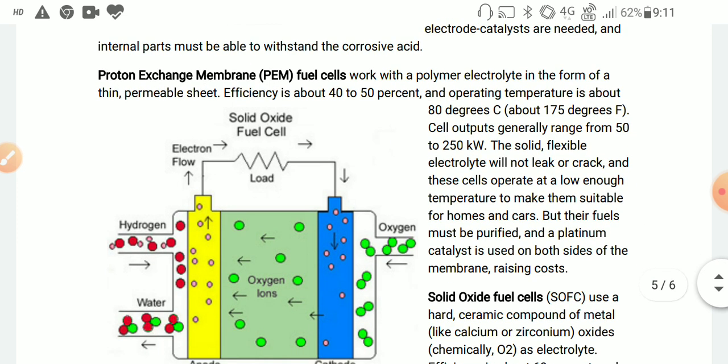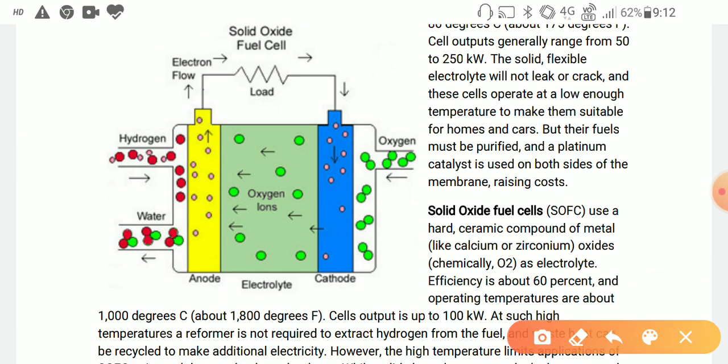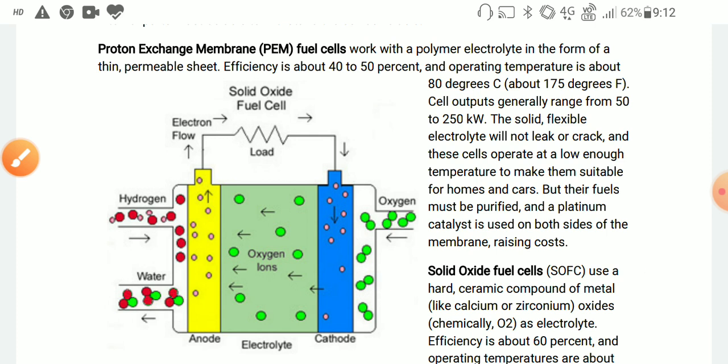If we consider the proton exchange membrane, here the electrolytic material used is a polymer electrolyte in the form of a thin permeable sheet. Efficiency is about 40 to 50% and operating temperature is 80 degrees centigrade.